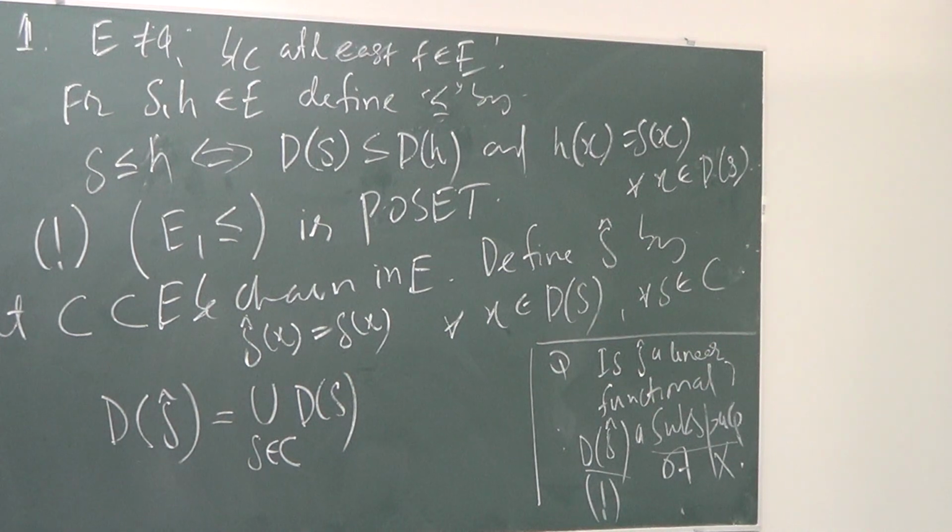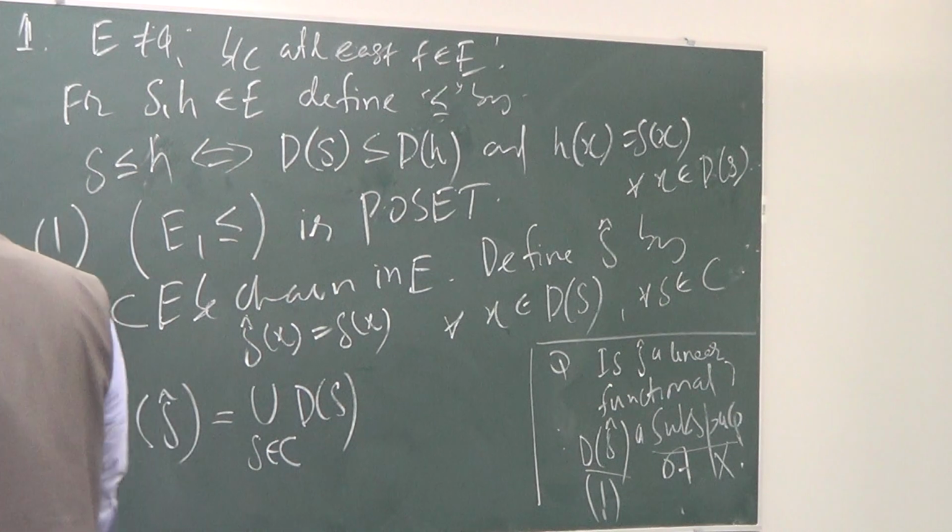Okay, so we have a linear functional which is extending every single element in C, and its domain is the domain of G hat, and so on.